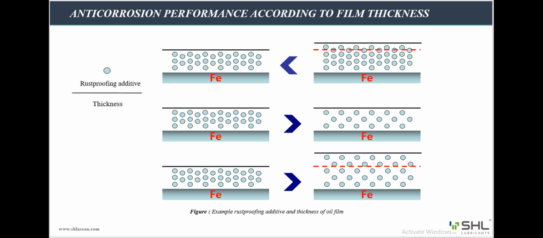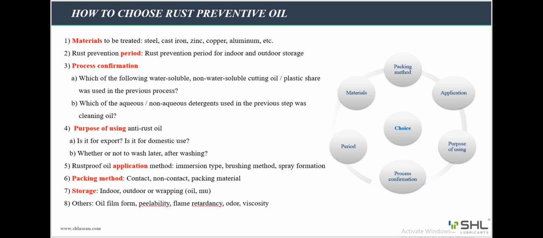In addition, because the connection between the anti-rust additive molecules is not tight, it creates many holes for water molecules to penetrate and cause rust in metal. In other cases, with the same film thickness, the higher the density of the anti-rust additive, the better the anti-rust ability of that oil.